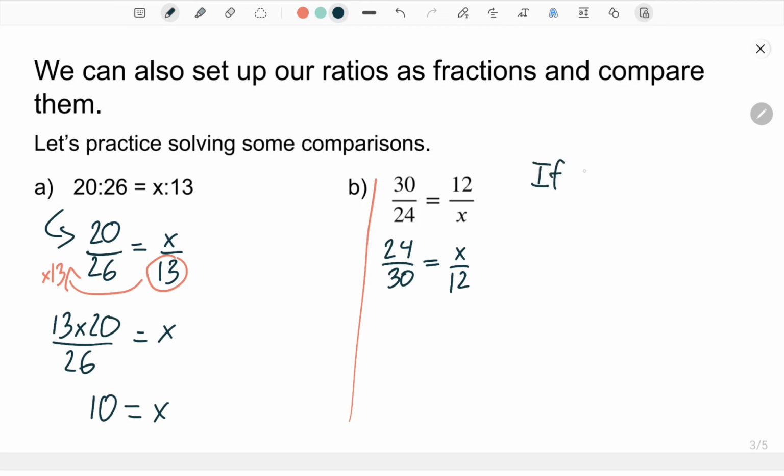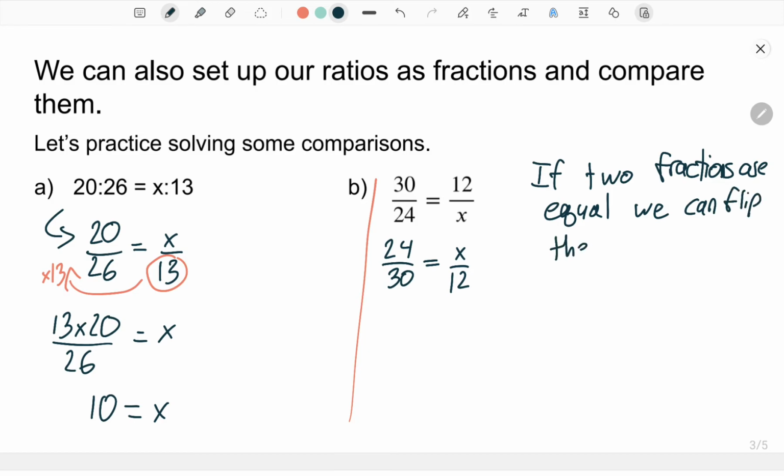So if two fractions are equal, we can flip them. Or the technical term would be we can take the reciprocal of both sides. All right, and then we can solve it like we did before.